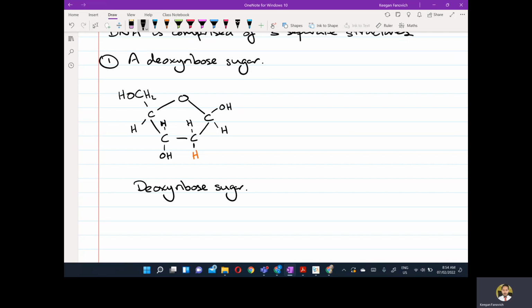So for comparison, this is what ribose would look like.